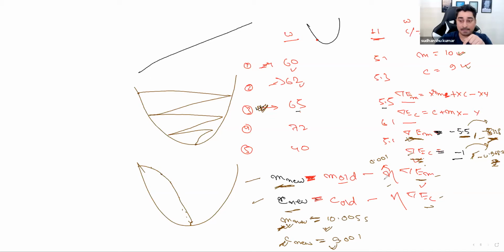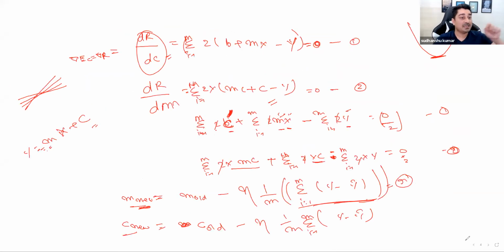In this equation, we have this term, and properly we have derived this term. This term is coming from where? From a residual. Because a residual is something that we have to minimize, right? And what is residual? It's nothing but the distance between the actual value and the predicted value on the line.